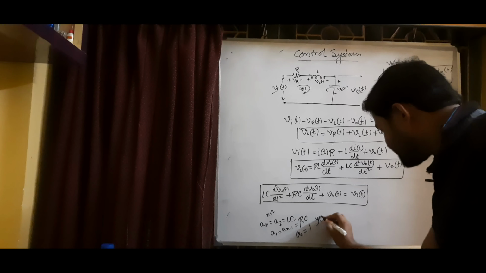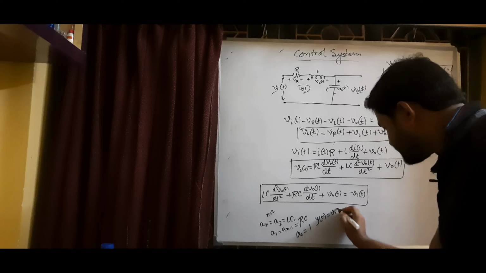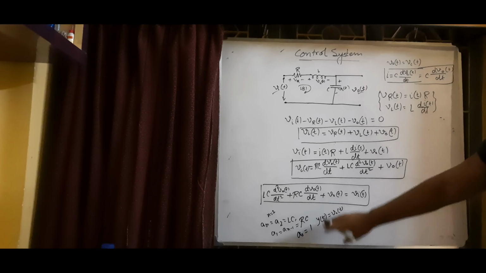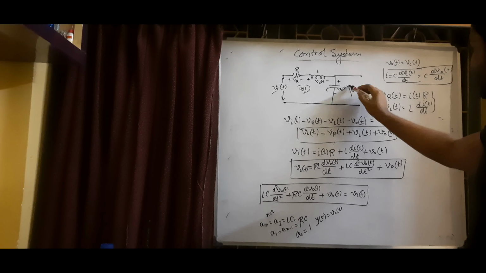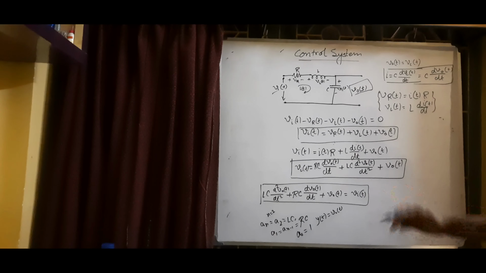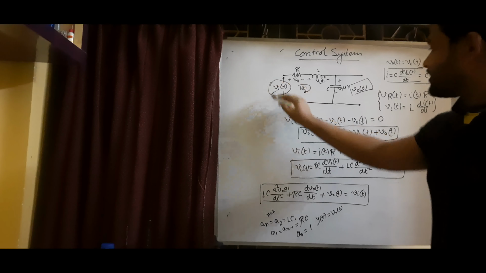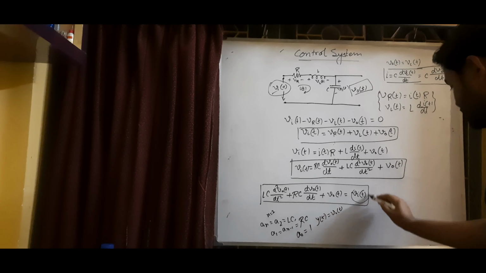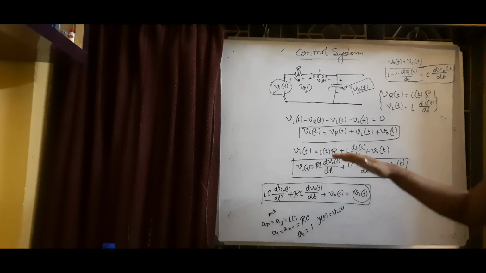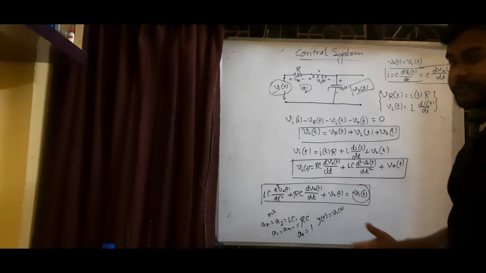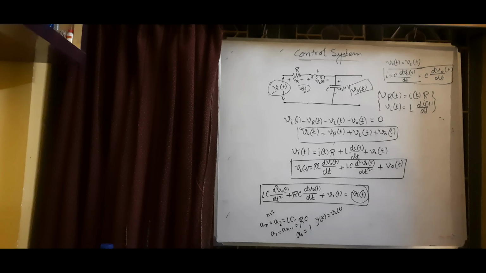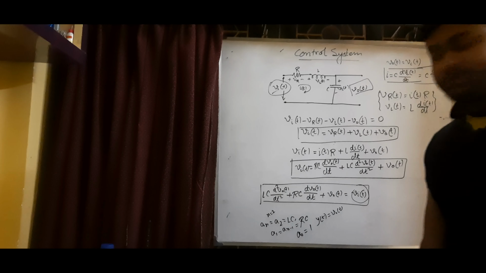And y(t) is represented by v_0(t). As it is obvious, the output was represented by y(t), so the output here is v_0(t), so v_0(t) is y(t) itself. And what is x(t)? x(t) is the input variable, that is v_i(t). So the order of the differential expression on the input side is 0, and here the order is 2.